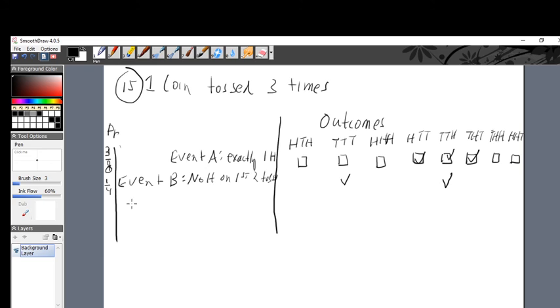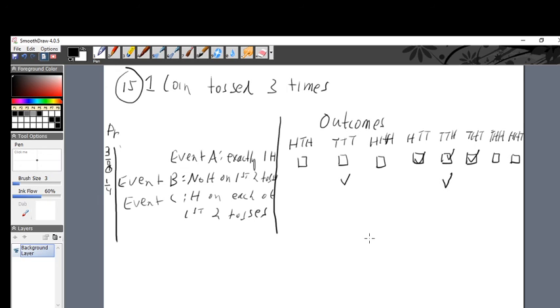Now comes event C. Event C, which is heads on each of the first two tosses. Okay, this is the last one, so I have some room to do it in.